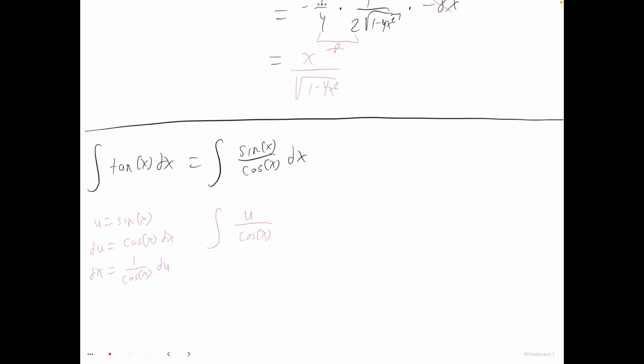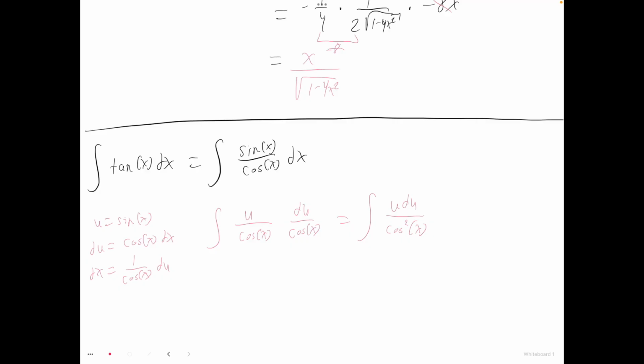But I want to replace dx, so I get du over cosine of x. So I'd have the integral of u du over cosine squared of x. And now this is where the issue comes up, in that cosine squared of x is kind of a problem because it's not in terms of u.